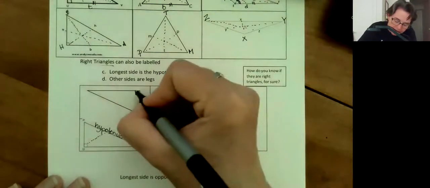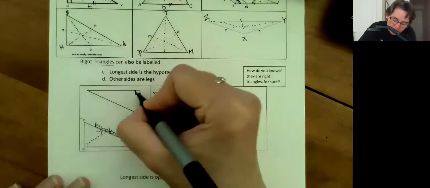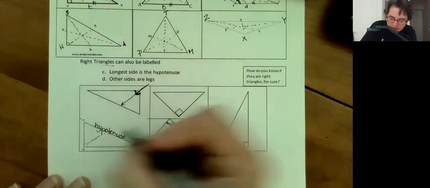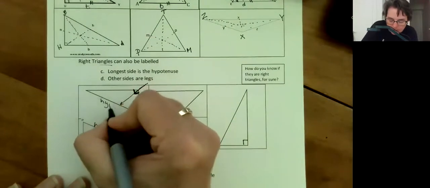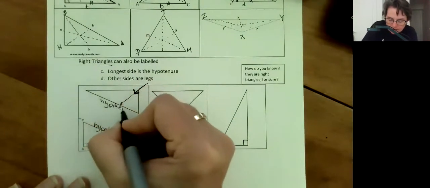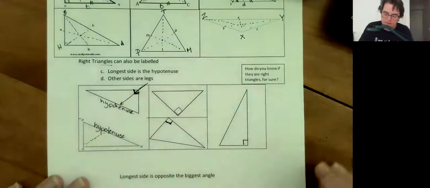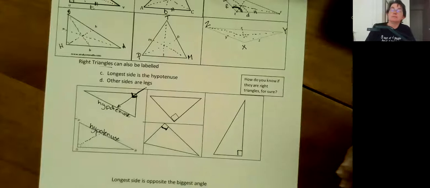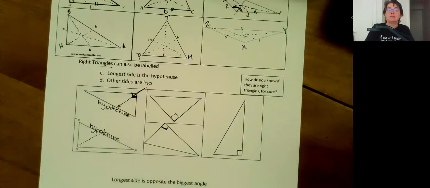And I think of it, this is a very cool little arrow. And if I follow that arrow across, I'm going to get to my hypotenuse. If you would be so kind, on those last three triangles, please label the hypotenuse. Label each hypotenuse.